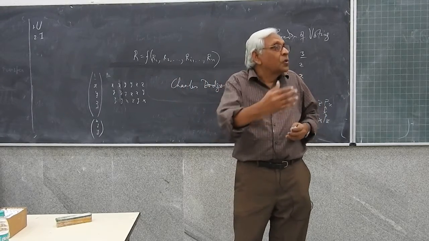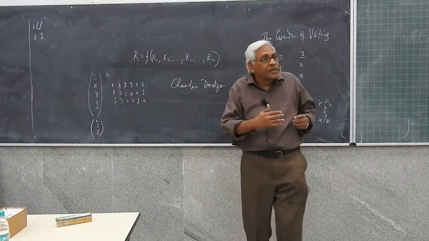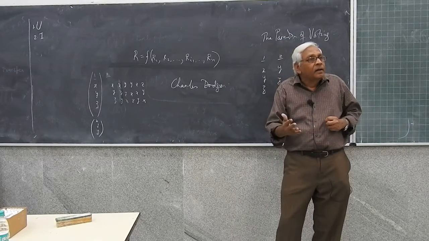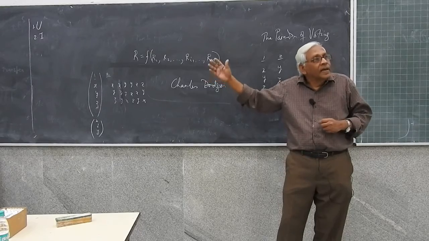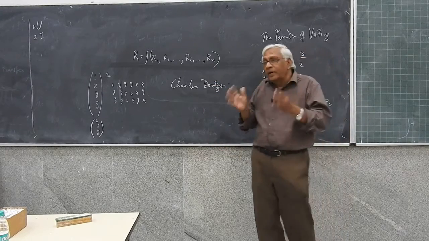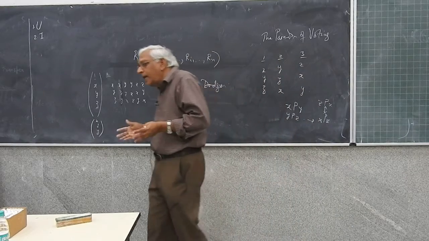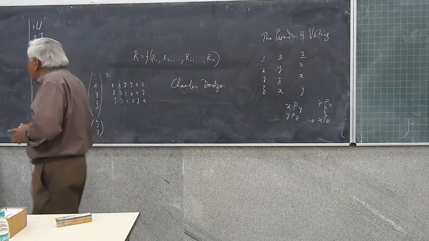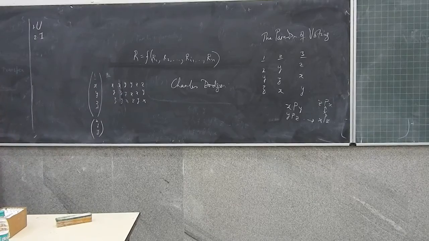In other words, the social ranking of any pair of alternatives must be independent of individual rankings over irrelevant alternatives. Okay? So if the relevant pair of alternatives is x and y, then social preference must ultimately depend only on individual preferences over x and y.